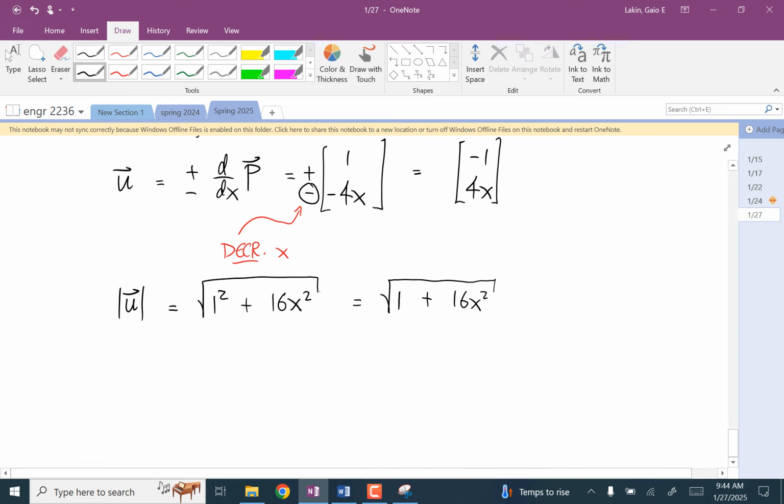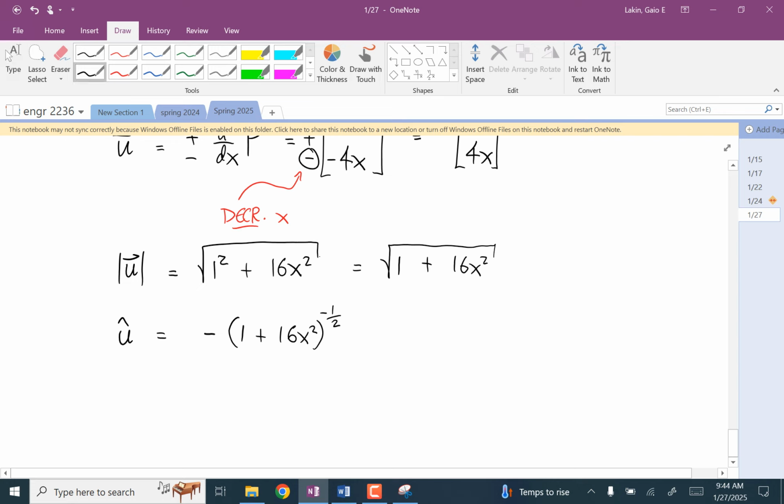And so now our unit vector in the direction of motion is just this vector divided by the magnitude. So you can think of that as negative the quantity 1 plus 4x squared to the negative 1/2. And for the y component, this is 2x times the quantity 1 plus 4x squared to the minus 1/2.